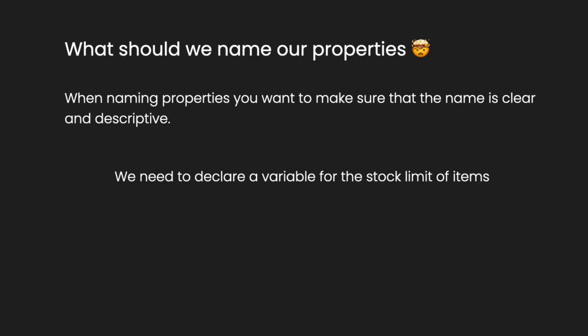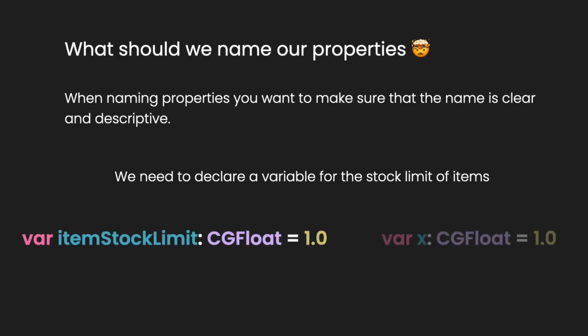Moving on, what should we name our properties? When naming properties, you want to make sure that the name is clear and descriptive. The property name should describe the variable's purpose. Let's say, for example, in this scenario we need to declare a variable for the stock limit of items. We have two declarations here.